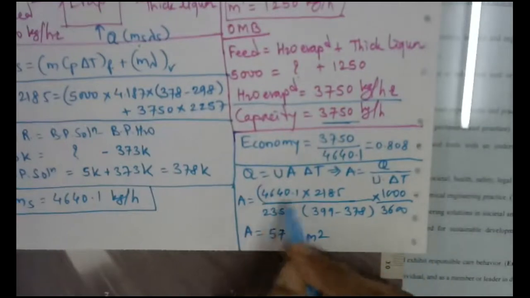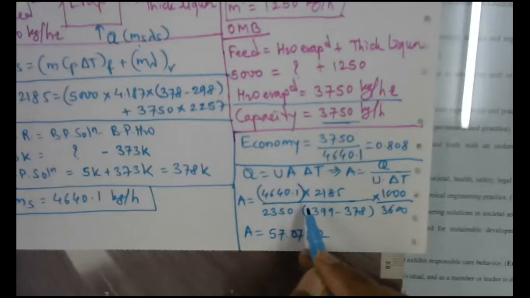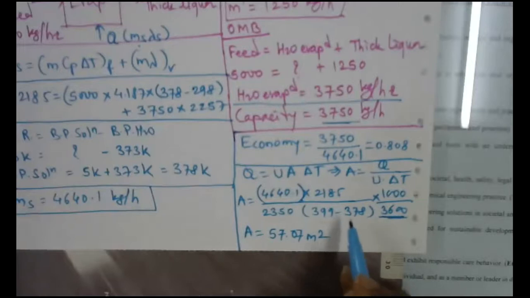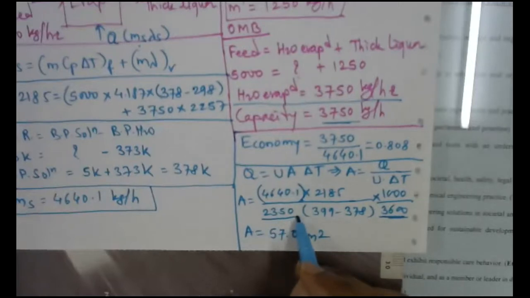So this kg per hour is converted into kg per second, because watt is joules per second. The 2350 is in terms of watt.